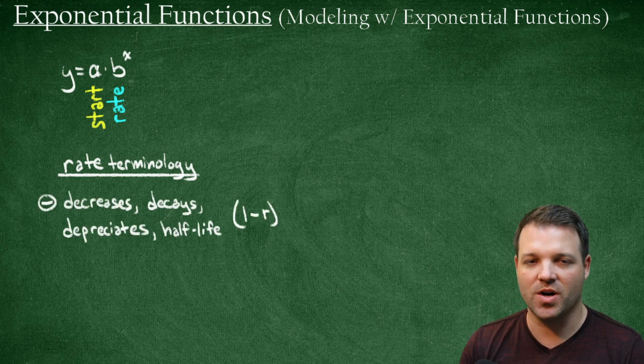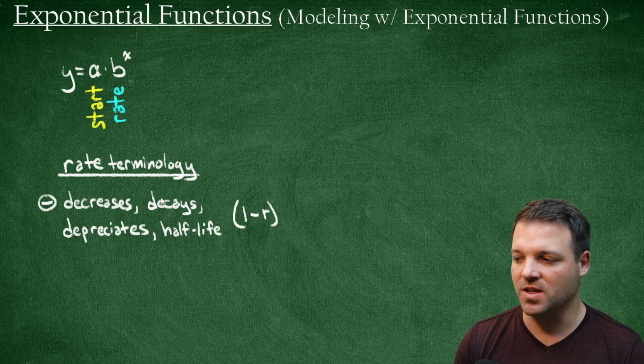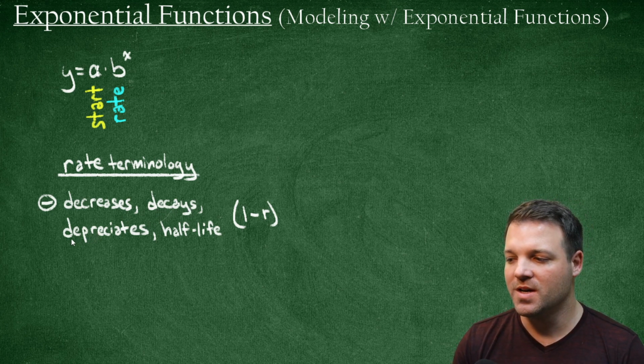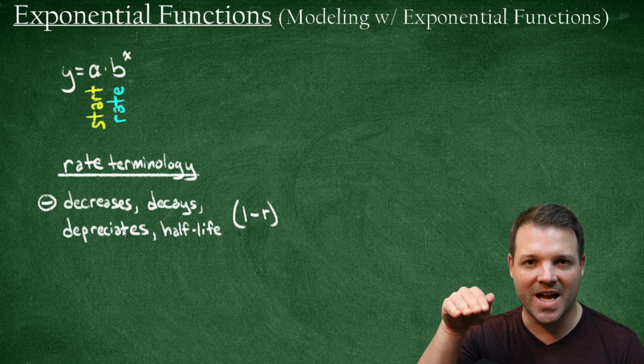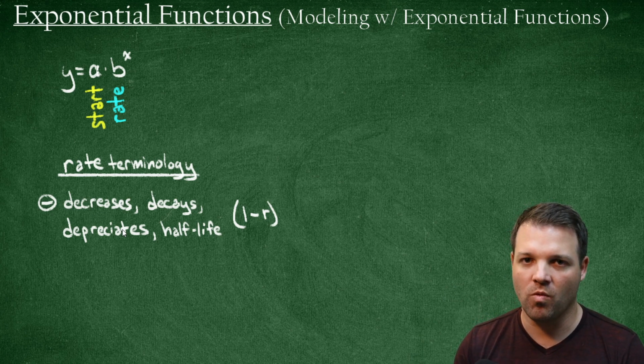Okay, so in any type of real world problem, if you ever see the words decreases by, or is decreasing, or decays, or is decaying at a rate of, or depreciates, or half-life, that is indicative that this is going down. The rate is going down, which means that the rate should be between 0 and 1, okay?